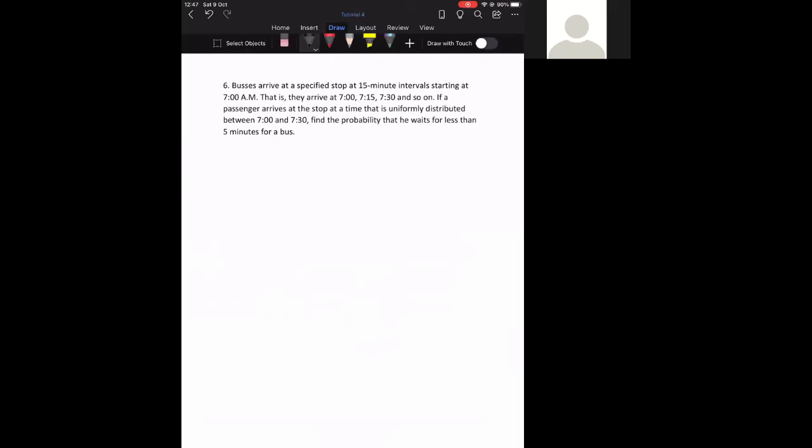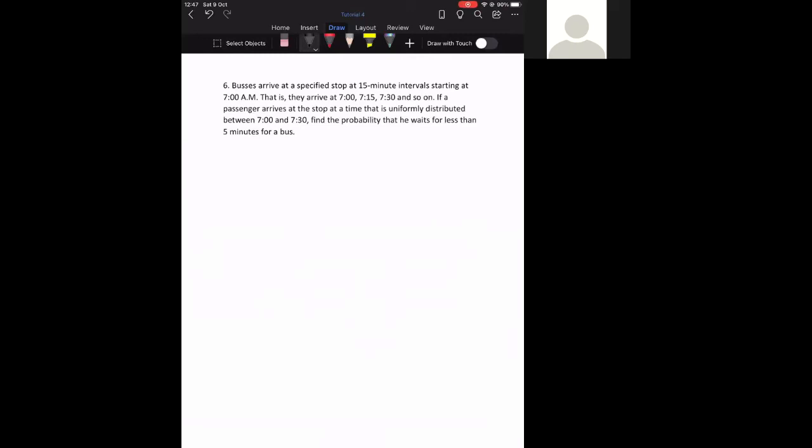Okay, so for question 6, we're given that buses arrive at a specified stop at 15 minute intervals, starting at 7 a.m. So they'll start arriving at 7 a.m., then at 7:15, then 7:30, and so on. If a passenger arrives at the stop at a time that is uniformly distributed between 7 and 7:30, find the probability that he waits for less than 5 minutes for a bus.